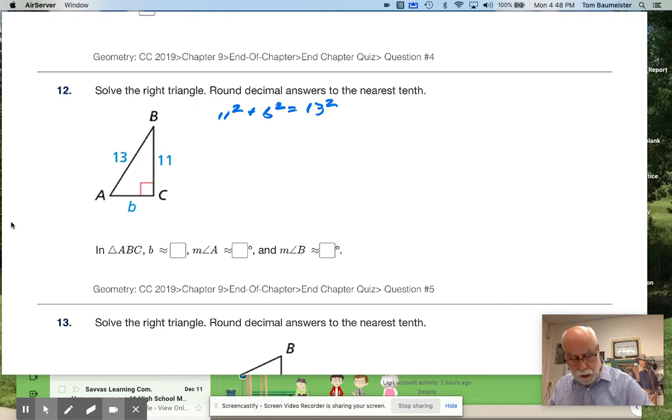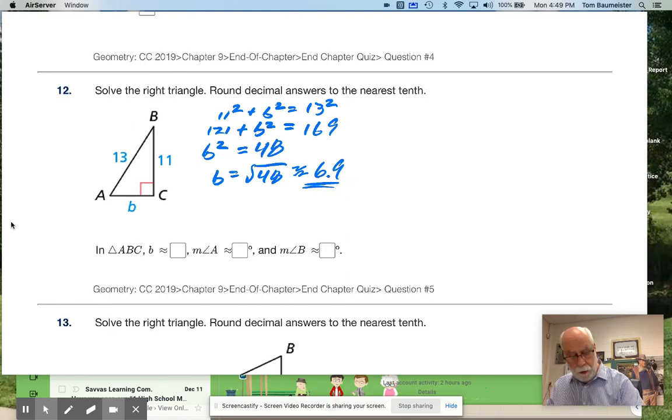So I'd get 121 plus b squared is equal to 169. If I subtract the 121, I'll get that b squared is equal to 48. And then b is equal to the square root of 48, which is approximately 6.9.